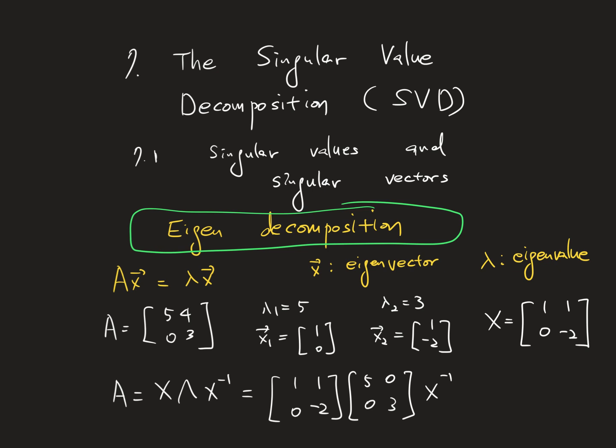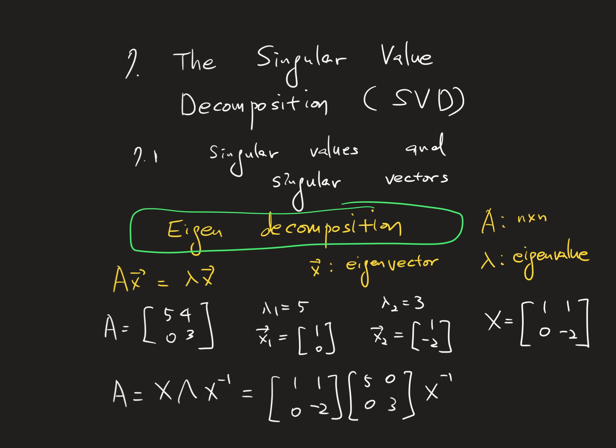For eigen decomposition, there are a lot of assumptions. A should be n by n, so it works only for a square matrix. Also, we have to have enough eigenvectors.